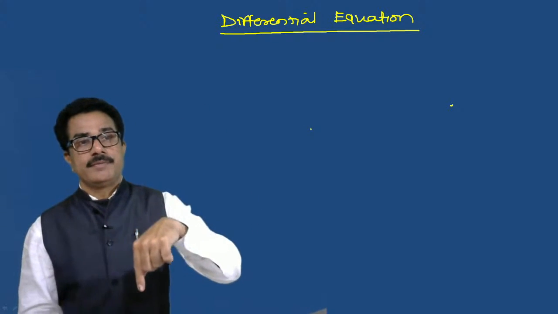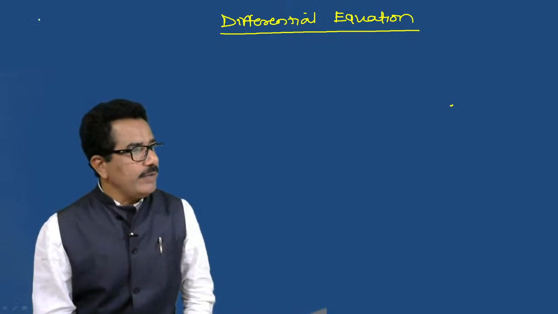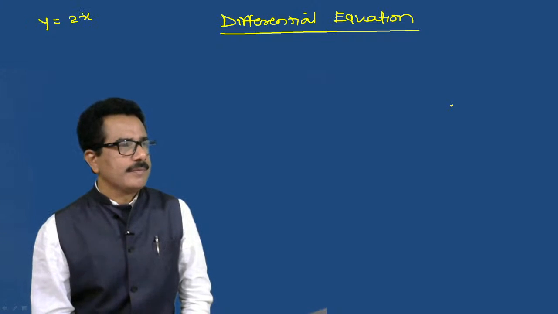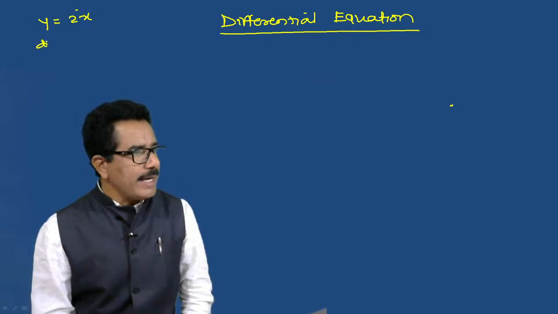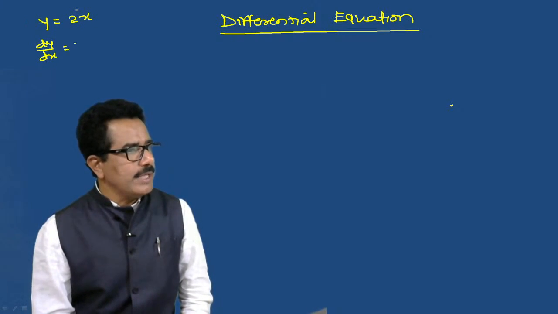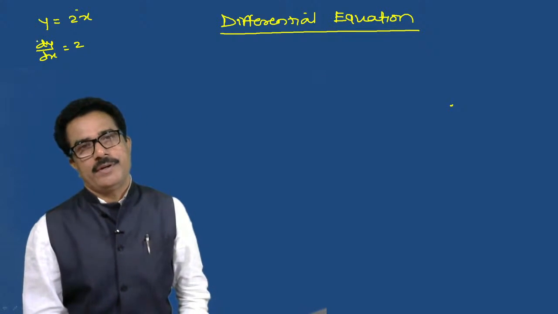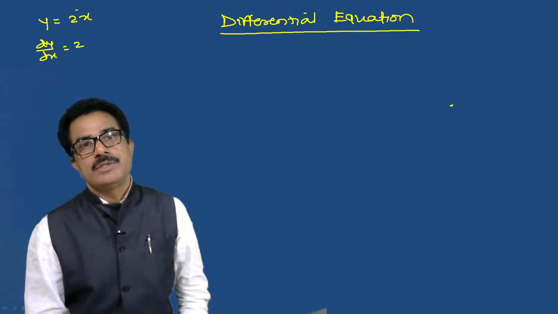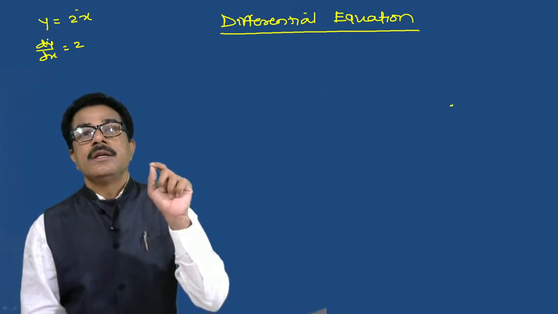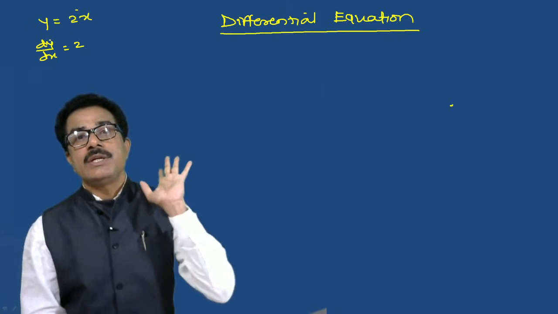a function. See here, suppose we consider y is equals to 2x, then dy by dx equals 2. 2 means the constant, which gives a constant function, and which defines the slope of a tangent to the curve.